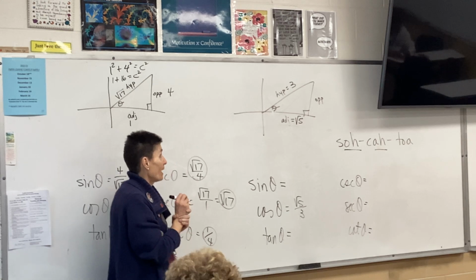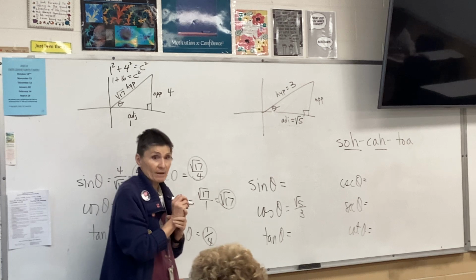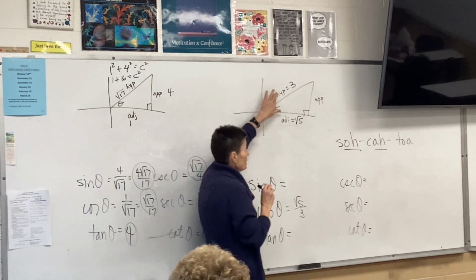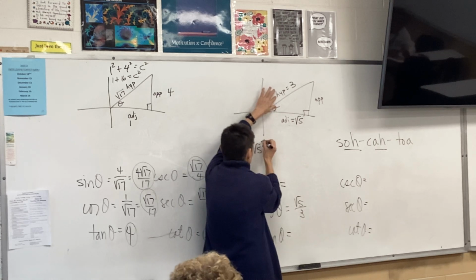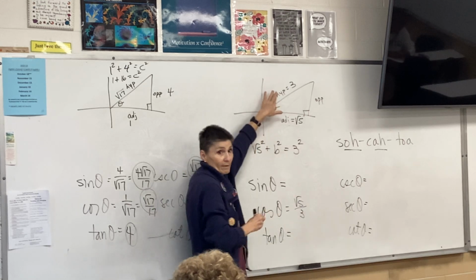Now how are we going to find the opposite side? Pythagorean Theorem, and that's the hypotenuse. So we're going to say root 5 squared plus b squared equals 3 squared. Everybody okay with that?